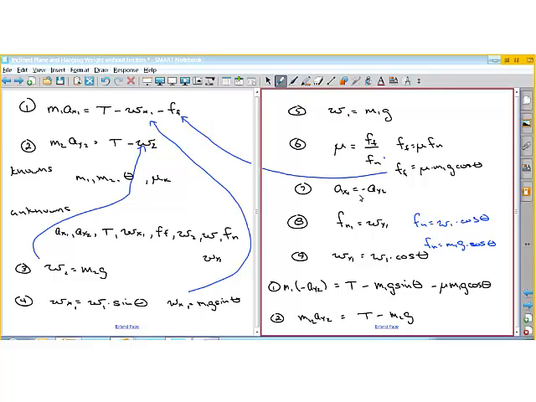We use the fact that the accelerations are the same magnitude, but possibly the same or different signs depending on how we define the coordinate system. We relate the normal force to the friction force through the coefficient of friction, and so that's how it works.